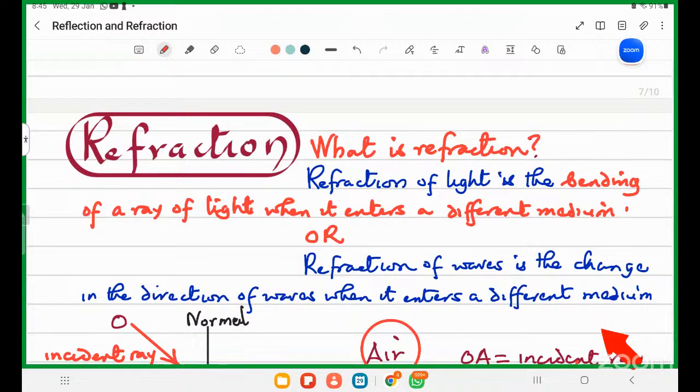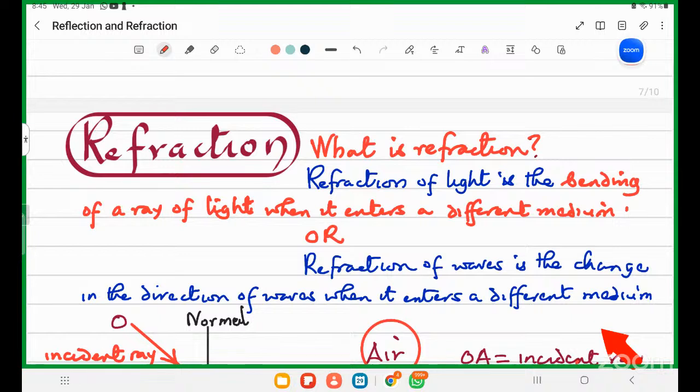Okay, then, what happened when you move from a medium to another medium and the density? What happened to the wave when it moved from different media with respect to their density? Okay.